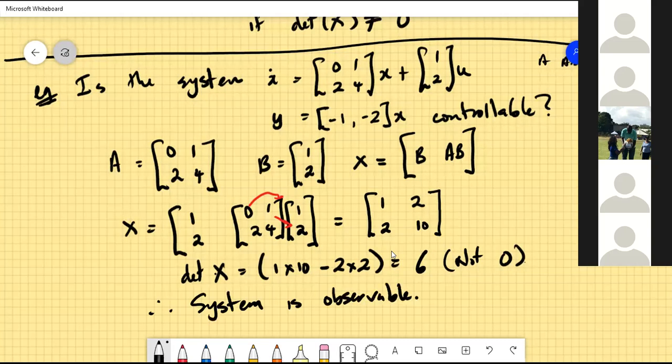All right. So what we are saying now is that whenever we're sorting out any system, when we're working out whether a system, any system at all, once we get the transfer function, the first thing that we must find out is if it is controllable.